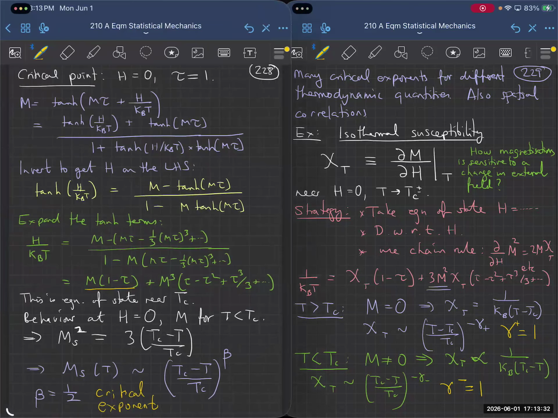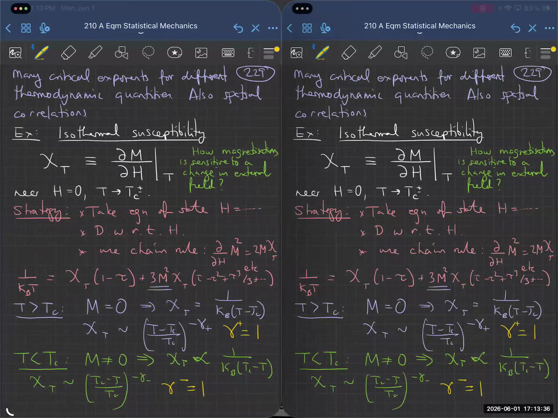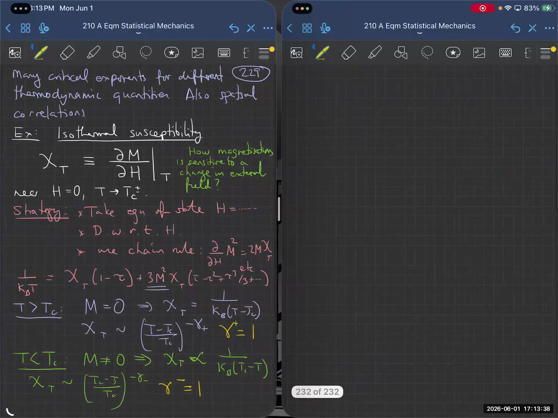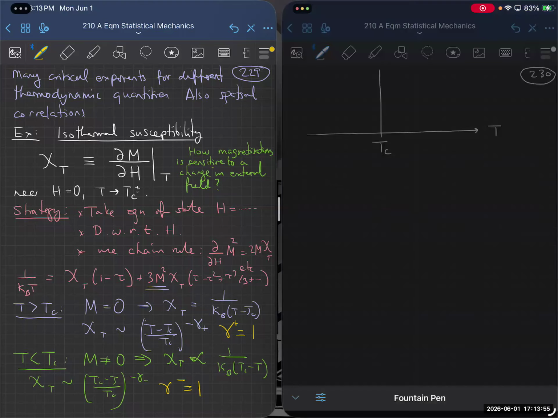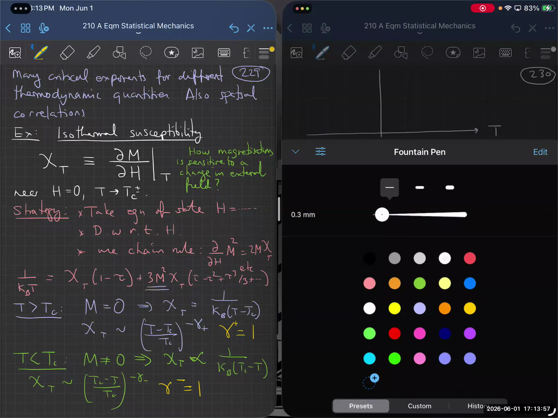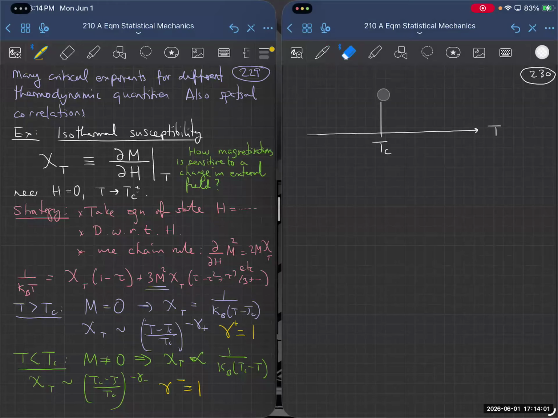So now I plot what we've just calculated. Here is temperature, here is Tc, and then what I'm plotting, let me just make this a dotted line.